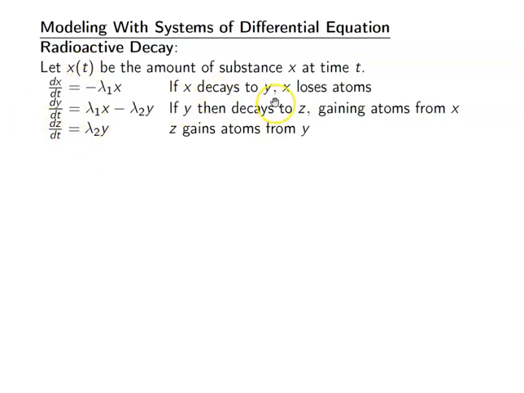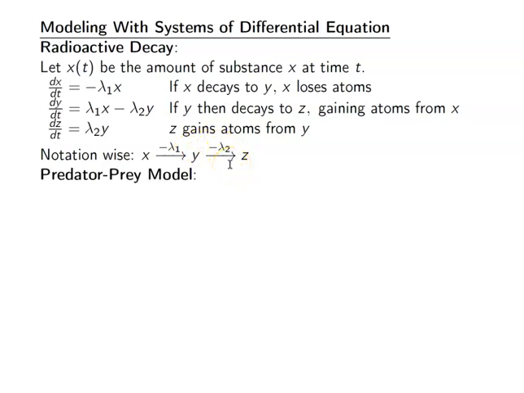So here we have three equations, and it's all depending on how the previous substance is decaying or not. Okay, notation wise, so this is a physics notation. X decays to y by losing atoms at a rate of negative lambda 1. Y decays to z by losing atoms at a rate of negative lambda 2, at a constant multiple.